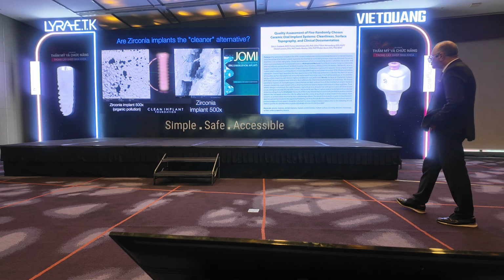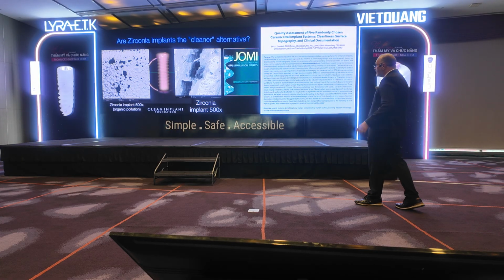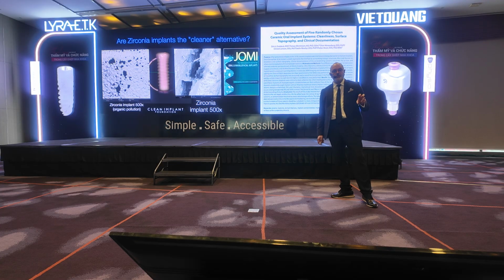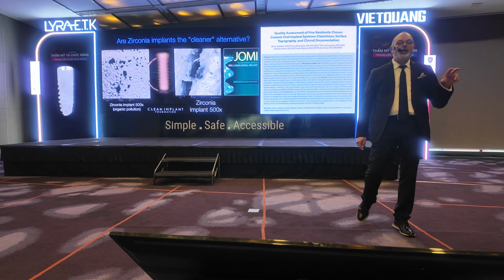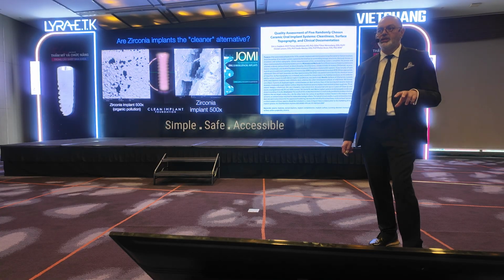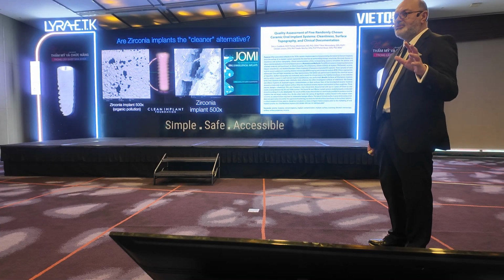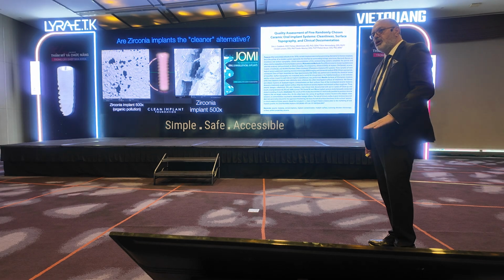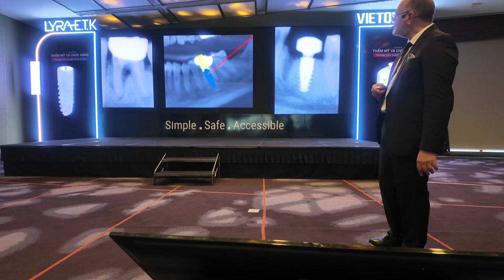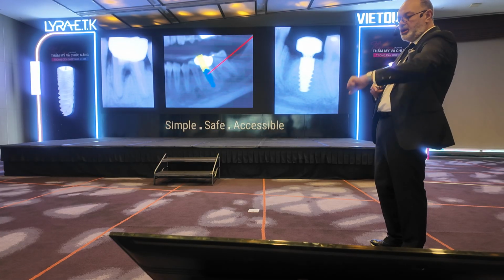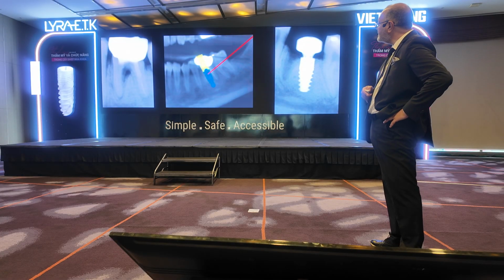So this is a paper I showed you this morning on zirconia, just to tell you that what happens between the zirconia oxide and the titanium oxide and the zirconia nitride is quite the same, depending on whether we are on hard or soft tissue. So this is, very quickly, some cases.